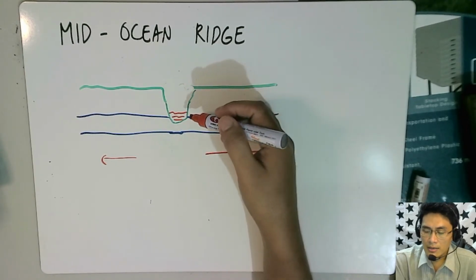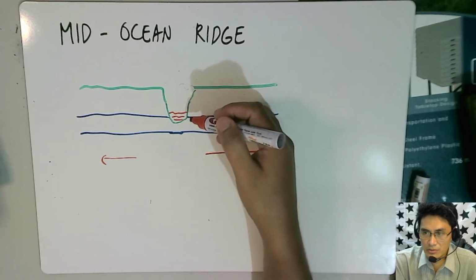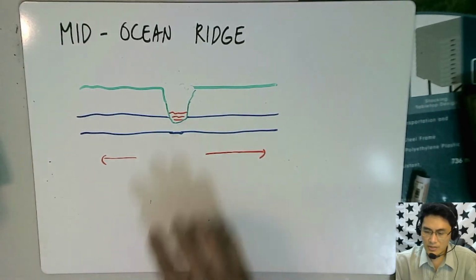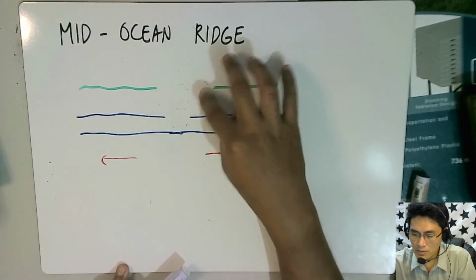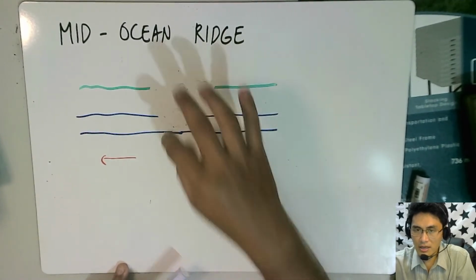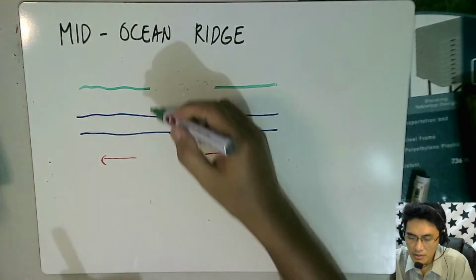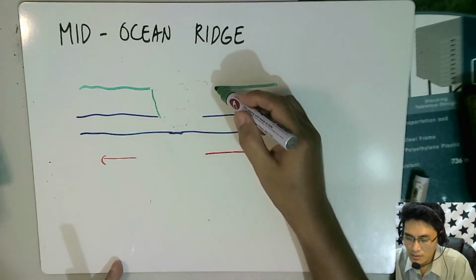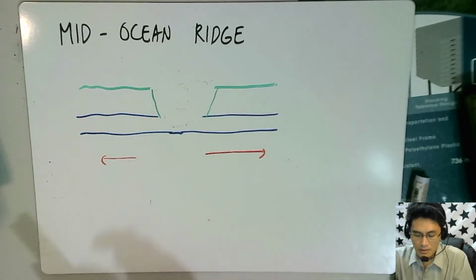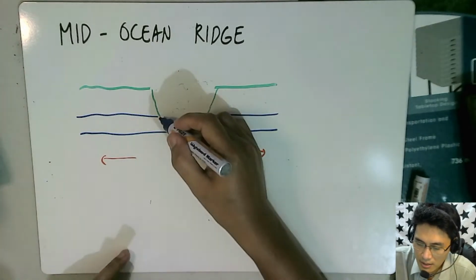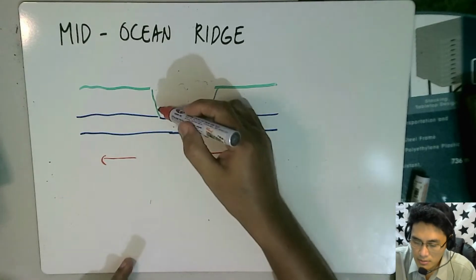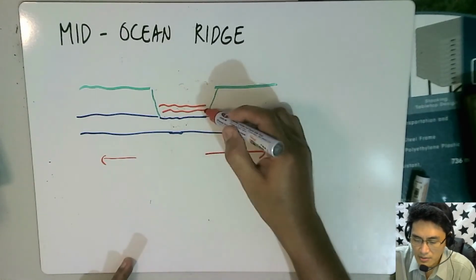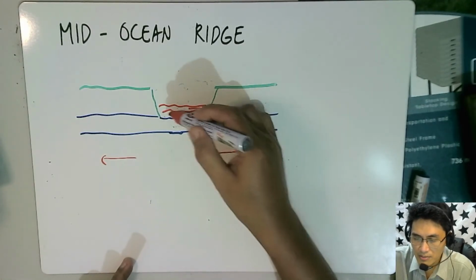And if this rifting continues, if this progresses even more, now the continental land are far apart from each other. It's like this, right? And then you have the basaltic layer here, and then you have the collected rainwater, or this time it's seawater because it has become an inland sea.